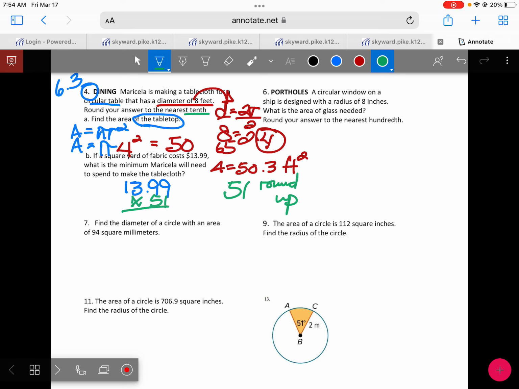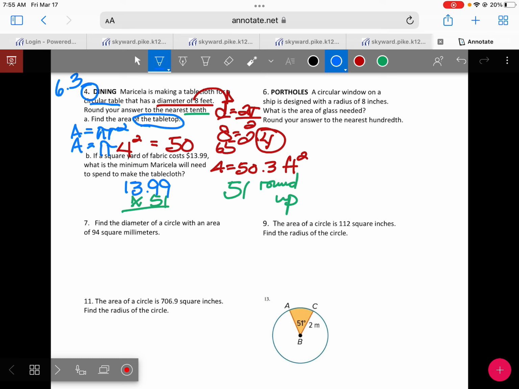And tell me what you get. 3.64? Whoa. 3.64? $13.99 times 51. I was gonna say, I think it should be bigger than that. So, what are we getting? 713.49.